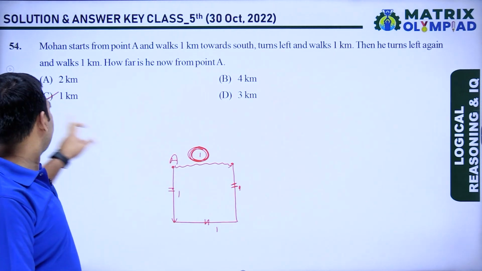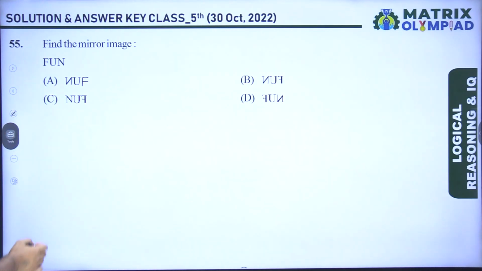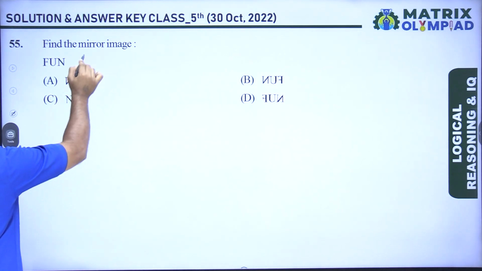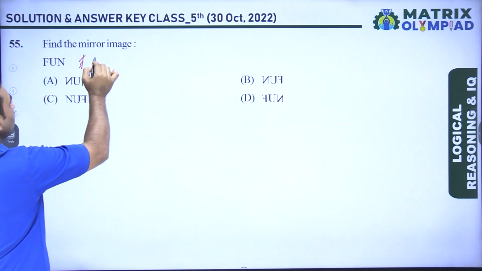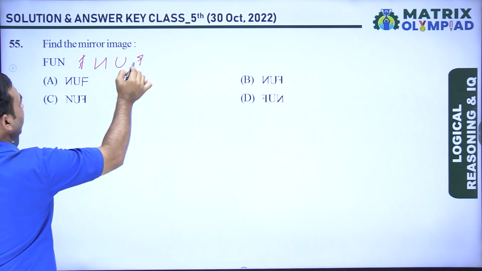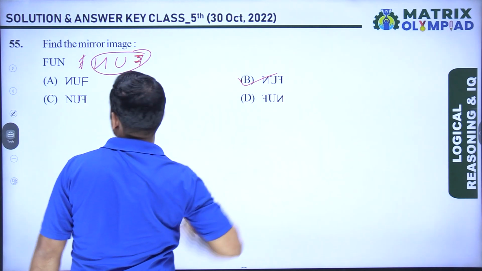Our next question is question number 55. Find the mirror image of FUN. As you see, if we find the mirror image of FUN, N is reversed this way, U is the same, and F is reversed this way. Our answer is option B, the correct answer.